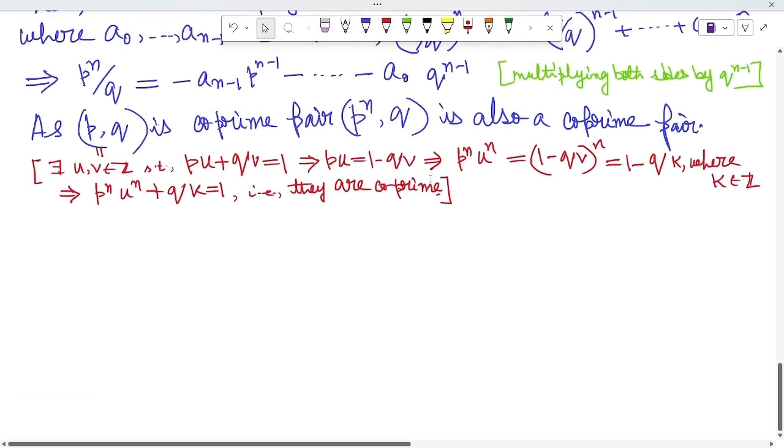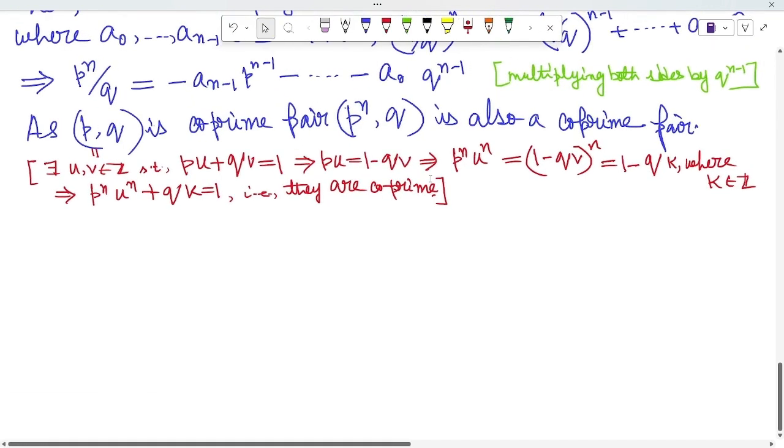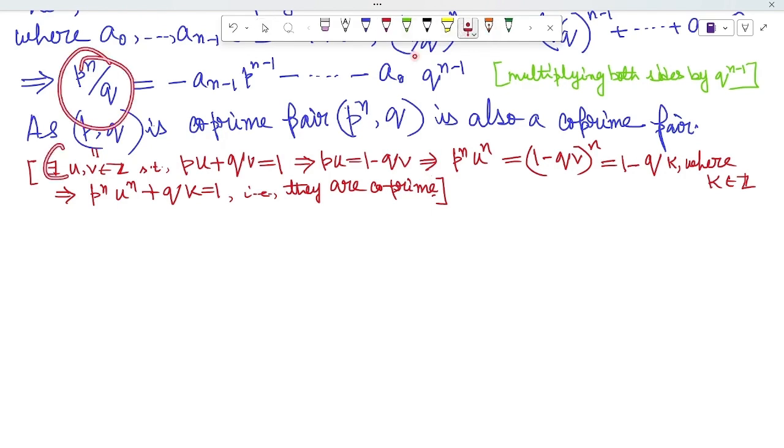Understand? They are co-prime. So that thing is an integer, this is an integer that belongs to Z, and these things are co-prime.